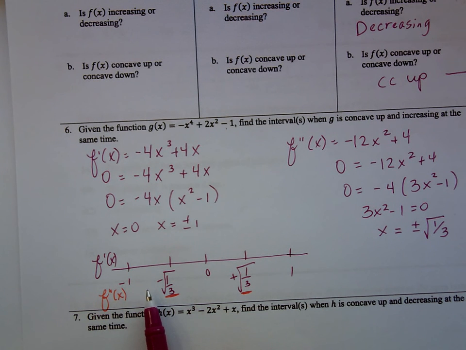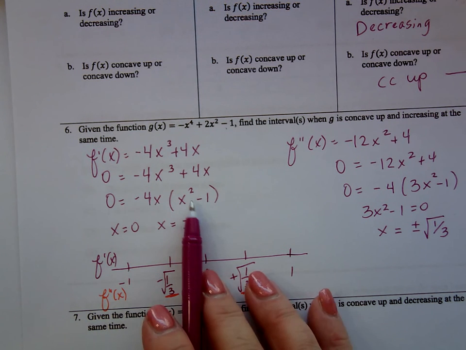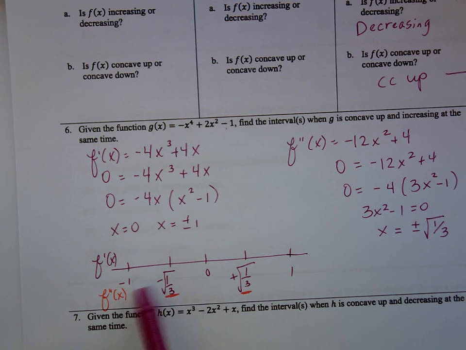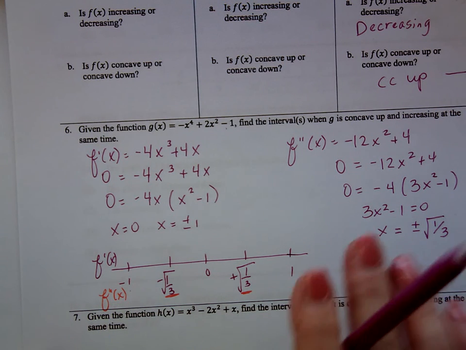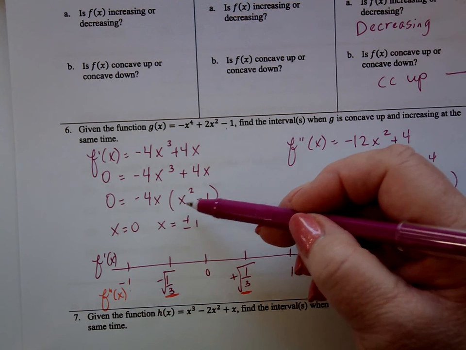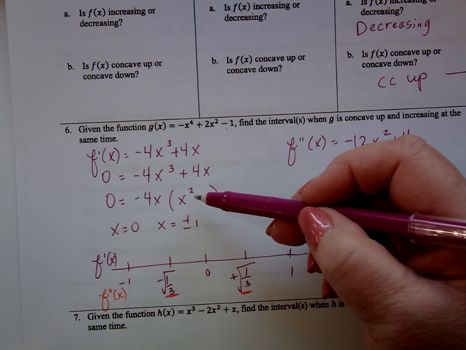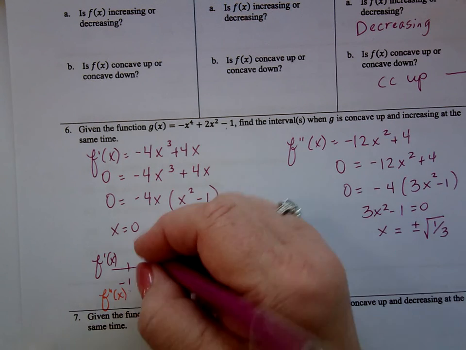If I put in a value, let's do the first derivative one first. If I take a number to the left, so if I go negative 2, that's positive and positive. So I'm looking at my first derivative, it's positive.